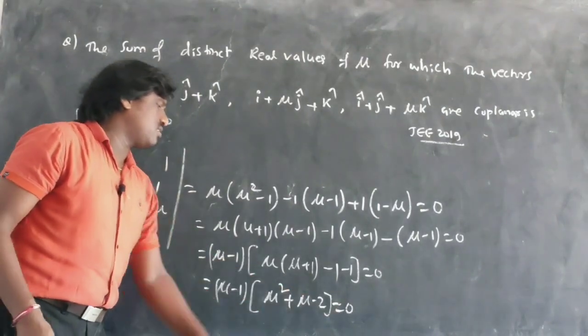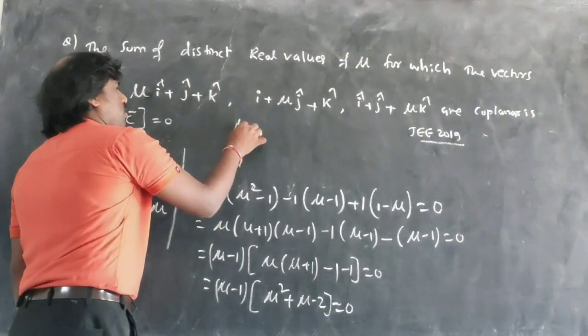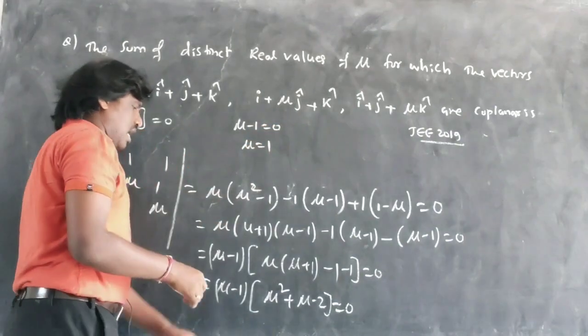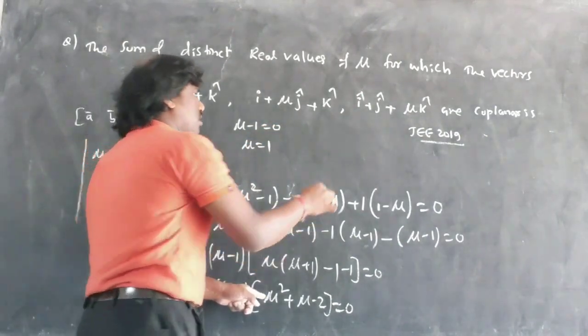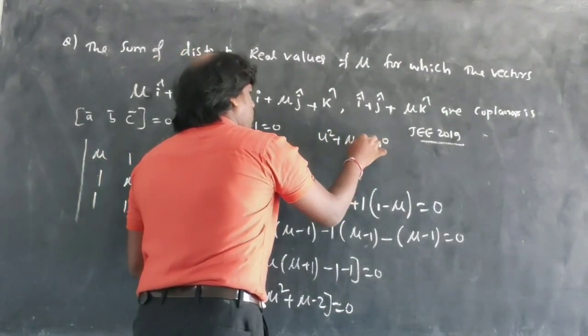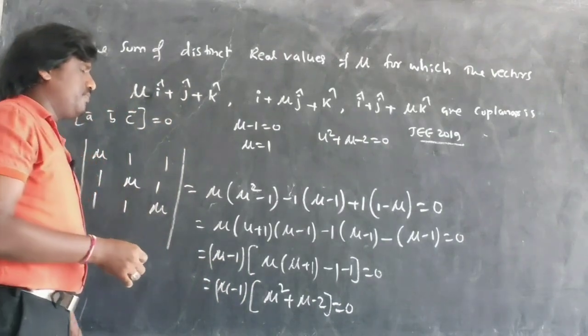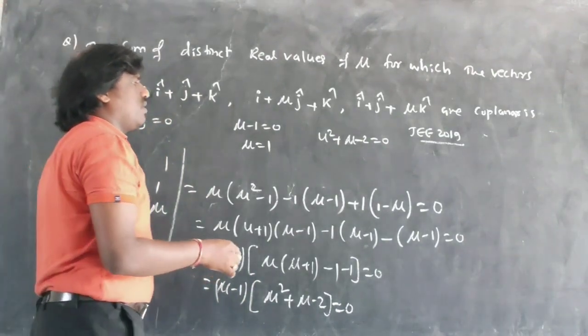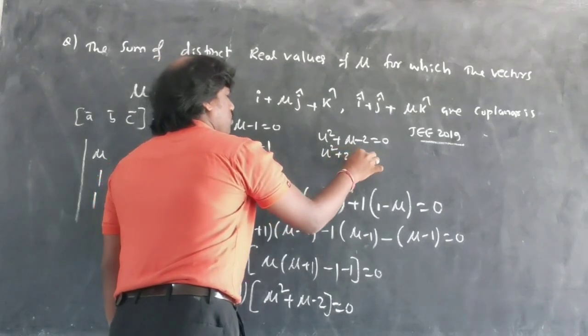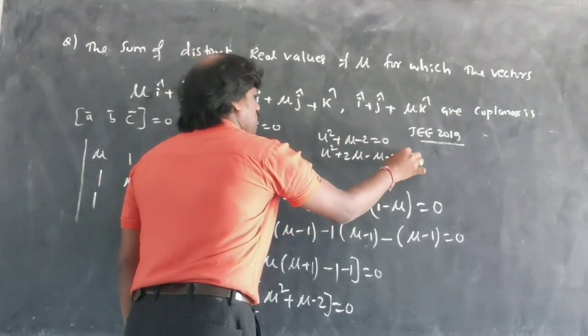Mu minus 1 is equal to 0, therefore mu value is 1. And now mu square plus mu minus 2 is equal to 0. From this I can find another mu. 2 ones are 2, so I can write mu square plus 2 mu minus mu minus 2 is equal to 0.